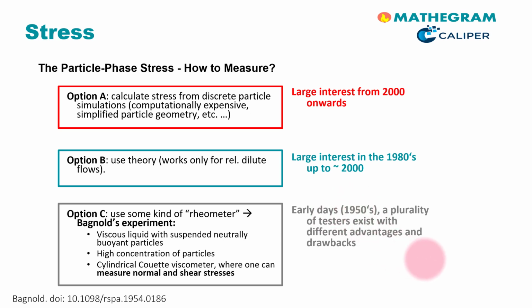This fact again stresses the message behind this slide. Calculations of the stress based on discrete data, and exactly this is what the DEM can deliver, are the most important source of information for the development of granular stress models.